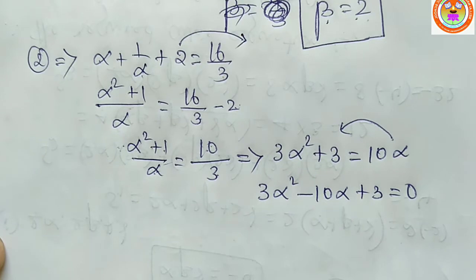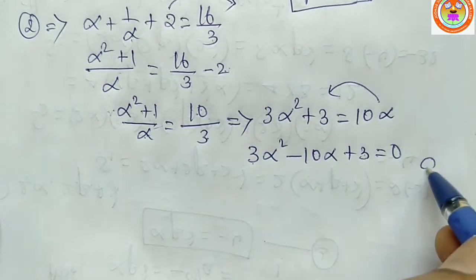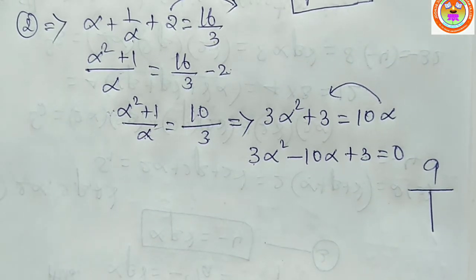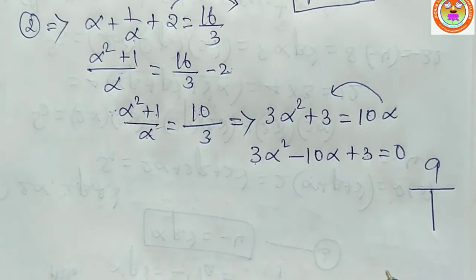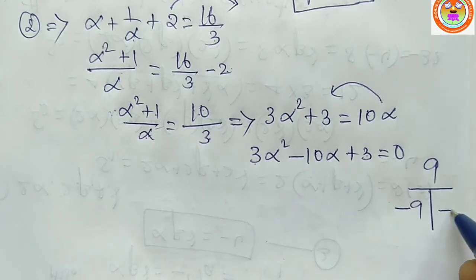If you are solving this quadratic equation, see, 3 3s are 9. So our aim is to find two numbers whose product is plus 9 and whose sum is minus 10. The only possible numbers are minus 9 and minus 1.